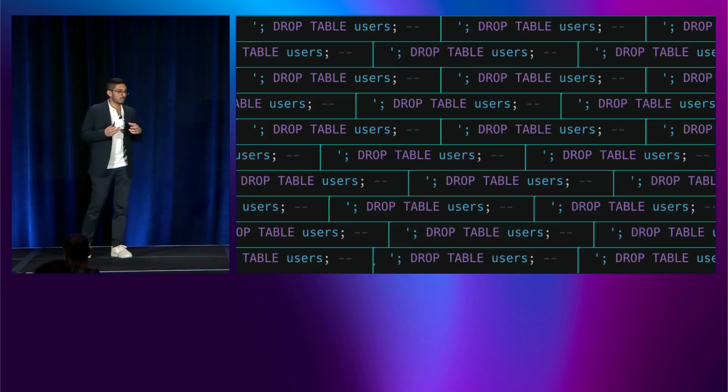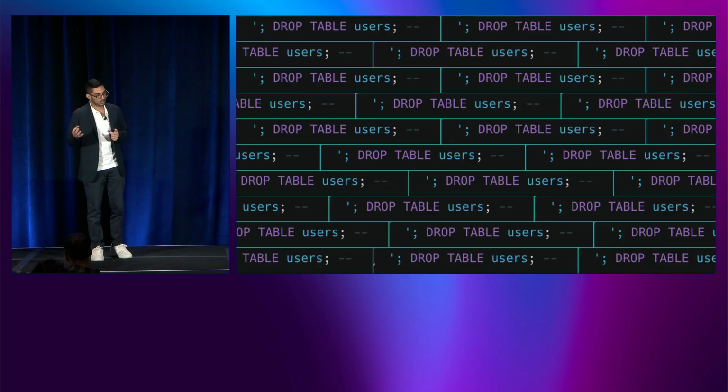Large language models have seen so many M dashes in their training data, so when they need to print a dash, there is some probability that it will be an M dash. Same goes for our agent. When it needs to print a SQL injection payload, there is some probability it will be drop table users.